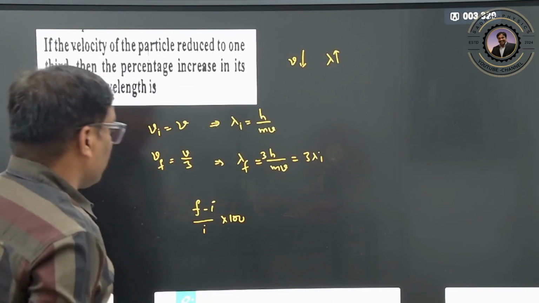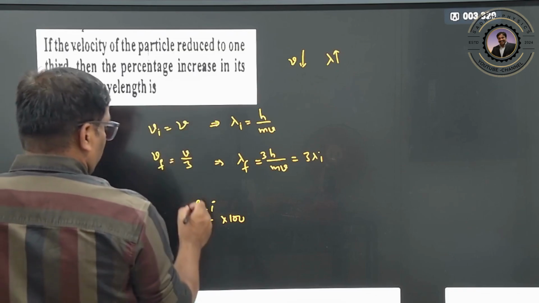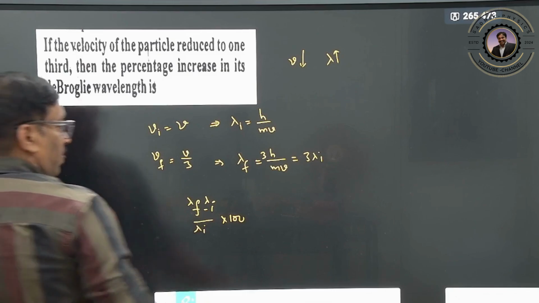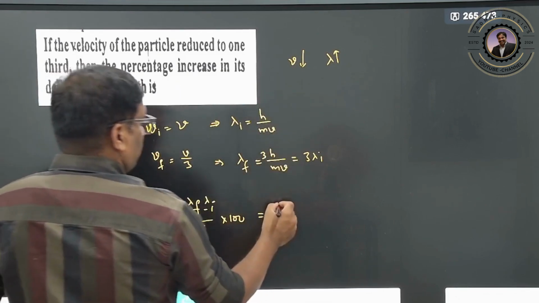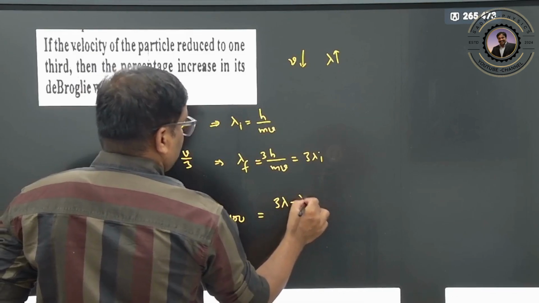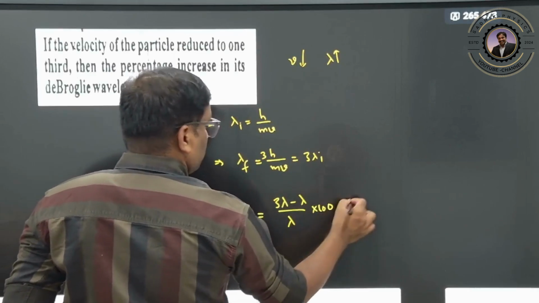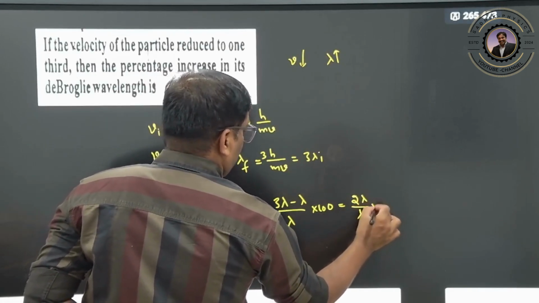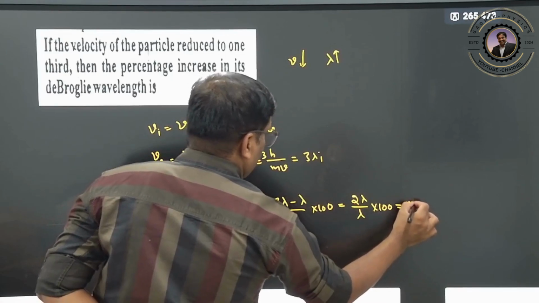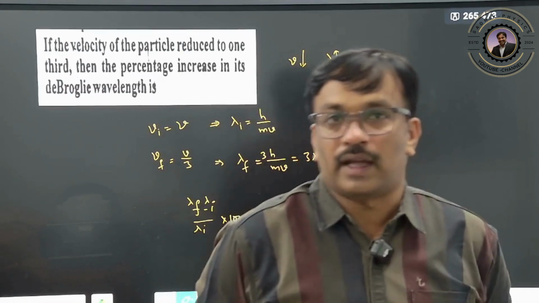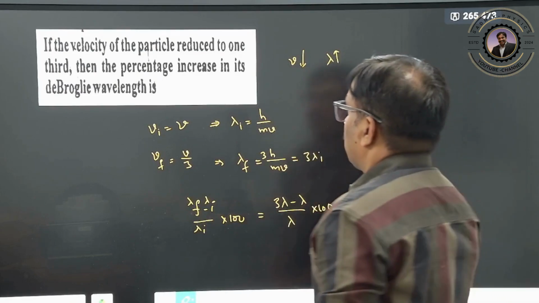For which quantity is the percentage asked? De Broglie wavelength: final minus initial by initial. Final is 3 lambda minus lambda by lambda into 100. Therefore, it is 2 lambda by lambda into 100. So, it is nothing but a 200% increase. Clear? It's a very simple question, no?